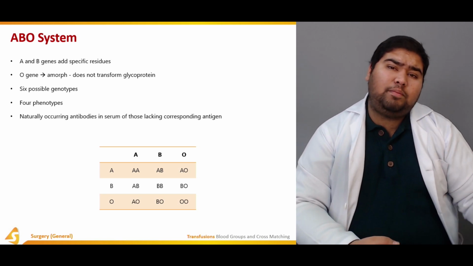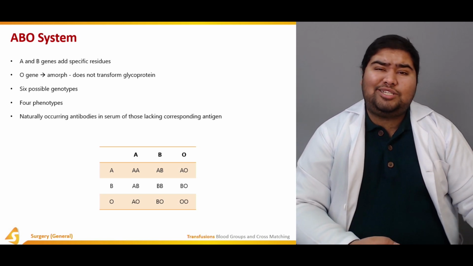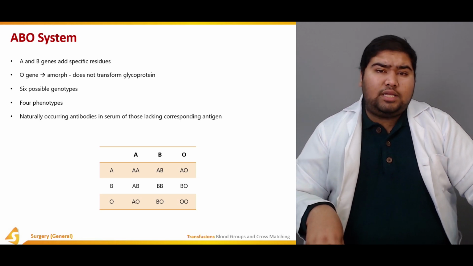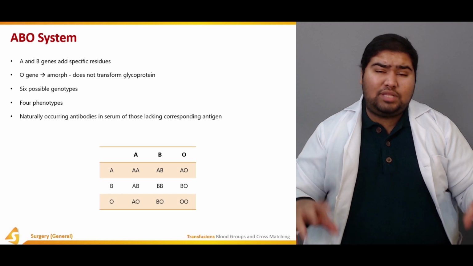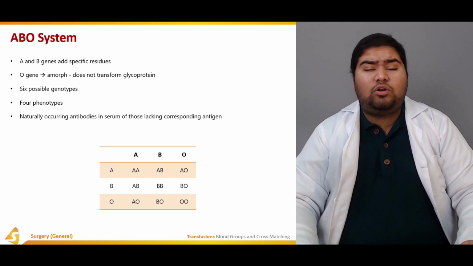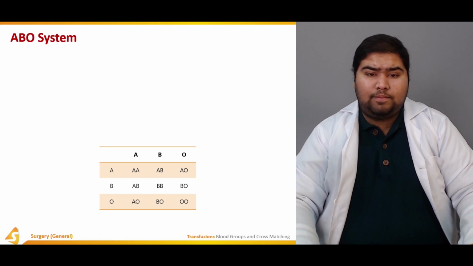For example, in a person with antigen A, anti-B antibodies are already present in the serum of that patient. So this is how strong the antigenic complement of the ABO system is.